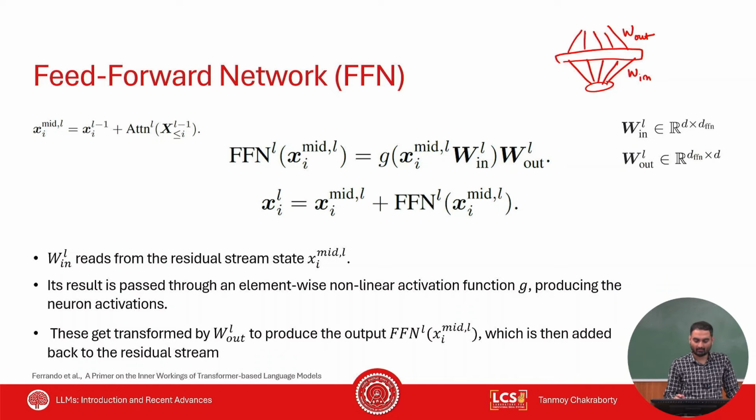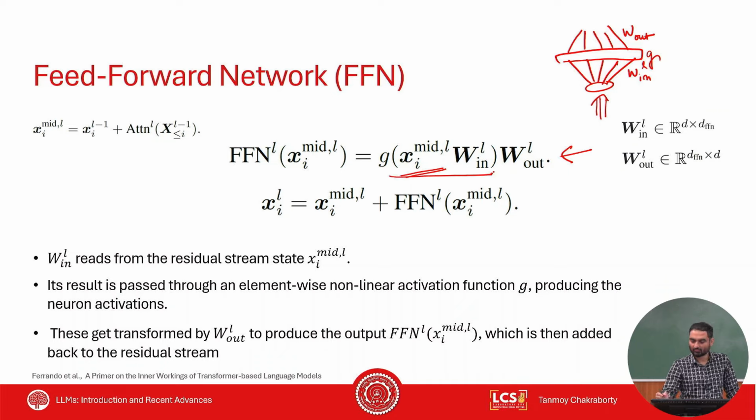Now let's look at this equation here. X_i^mid,L, what is this? This is the output of the attention which you obtained from the previous layer, from the previous computation. This is fed to W_in^L, the first projection layer, and then we have a normal MLP non-linearity.